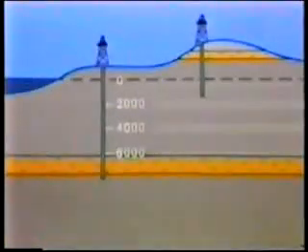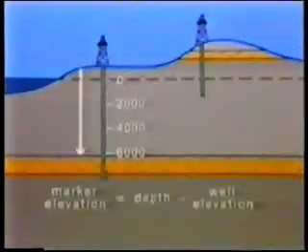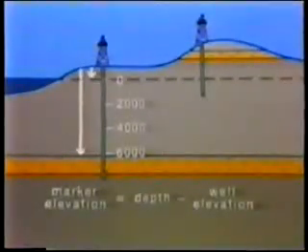Ordinarily, the elevations on which the contours are drawn are obtained by subtracting from the depth to the marker the surface elevation of the well. This point, in most cases, is not ground level, but level with a rotary table or Kelly bushing on the floor of the rig, since this is the point from which drilling depths and log measurements are recorded.